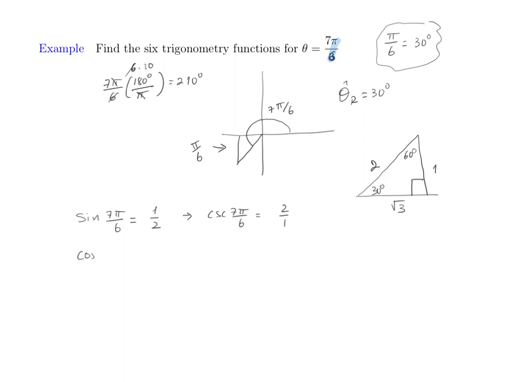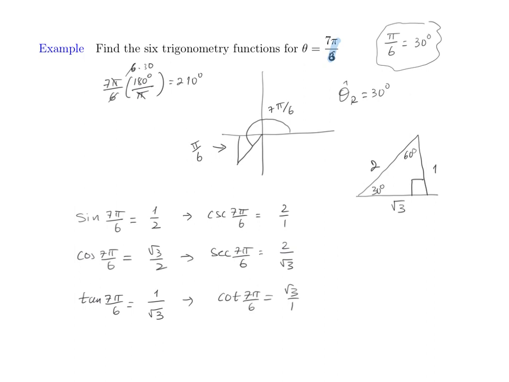And then cosine of 7 pi over 6 is going to be radical 3 over 2, which means secant of 7 pi over 6 is going to be 2 over radical 3. And then finally tangent of 7 pi over 6, this is going to be 1 over radical 3, which means cotangent of 7 pi over 6 is equal to radical 3 over 1.